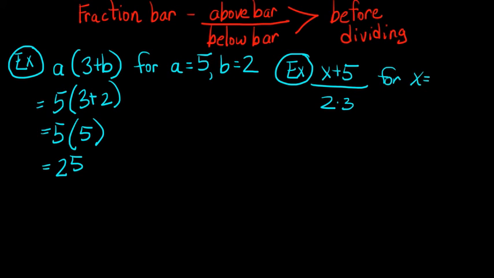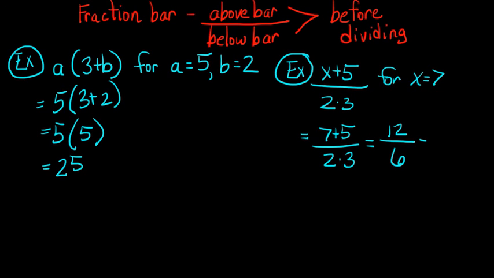So this is going to equal 7 plus 5, divided by 2 times 3. I want to do what's above the fraction bar and below the fraction bar first. So 7 plus 5 is 12, and 2 times 3 is 6. So now I can divide. 12 divided by 6 equals 2.